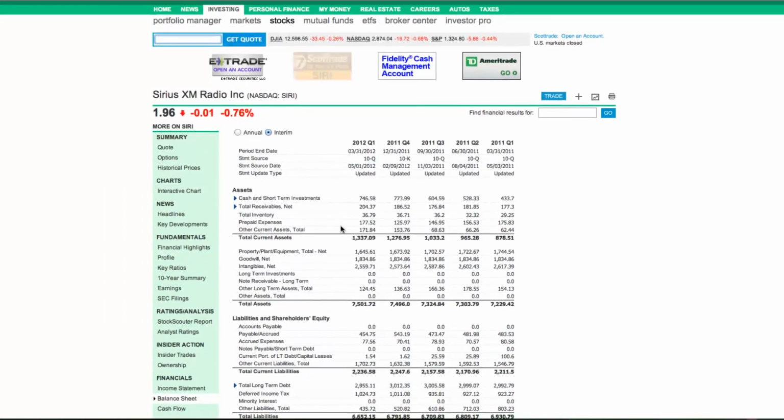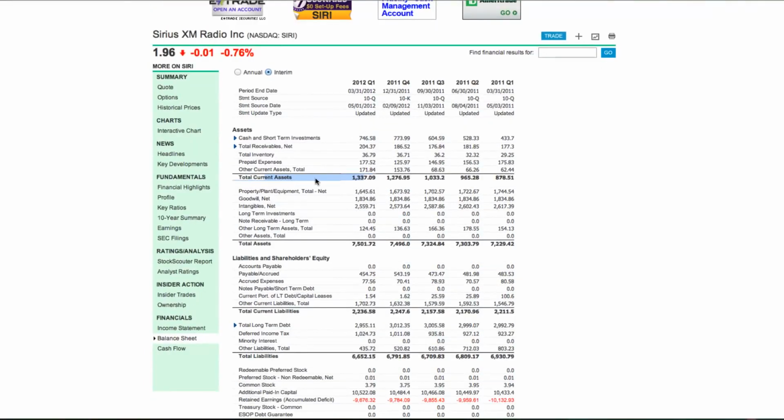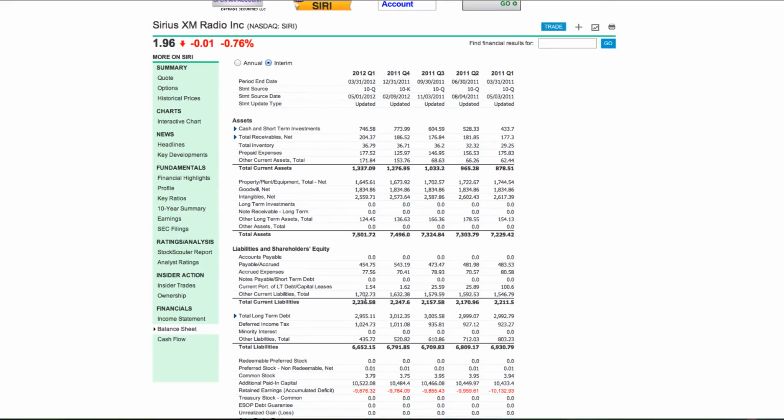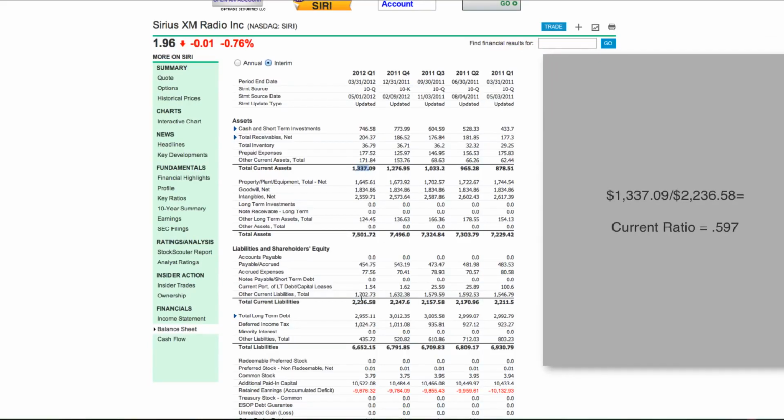When we look at this number, we see that it's just 1.3 billion, and the liabilities for their total current liabilities, the ones that they're going to have in the next 12 months, is 2.2 billion. So when we take the top number divided by the bottom number, we get a current ratio of 0.597, which we'll just say is 0.6.